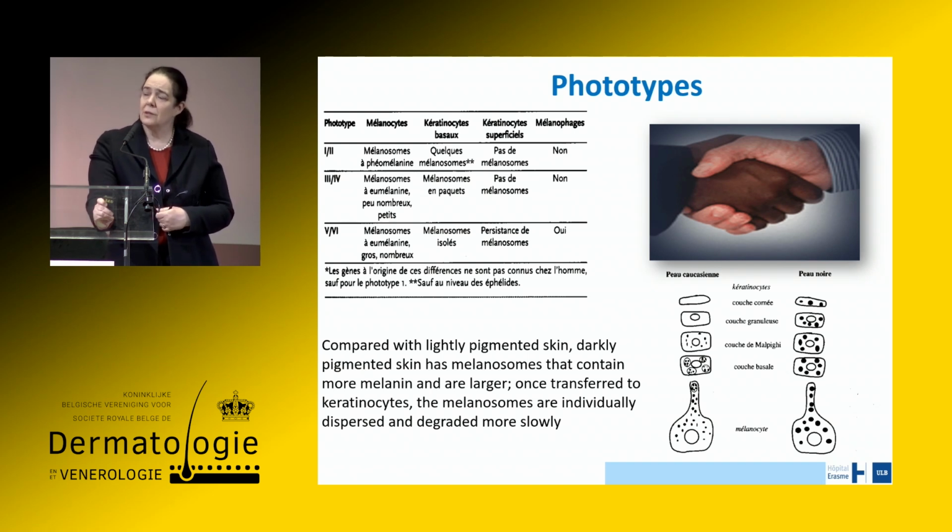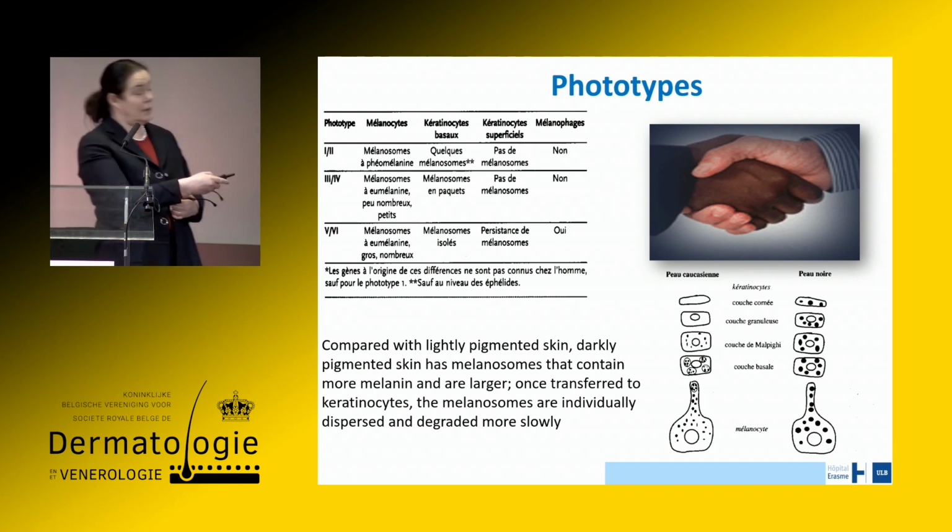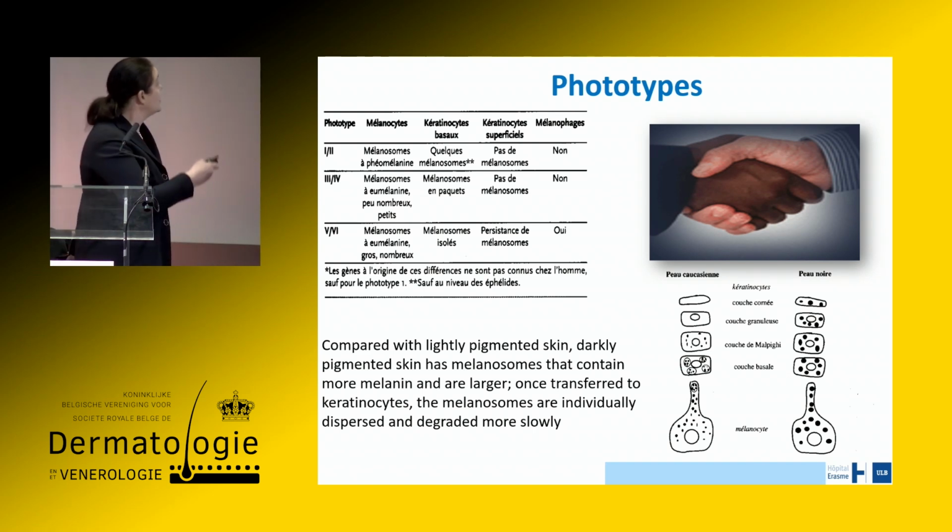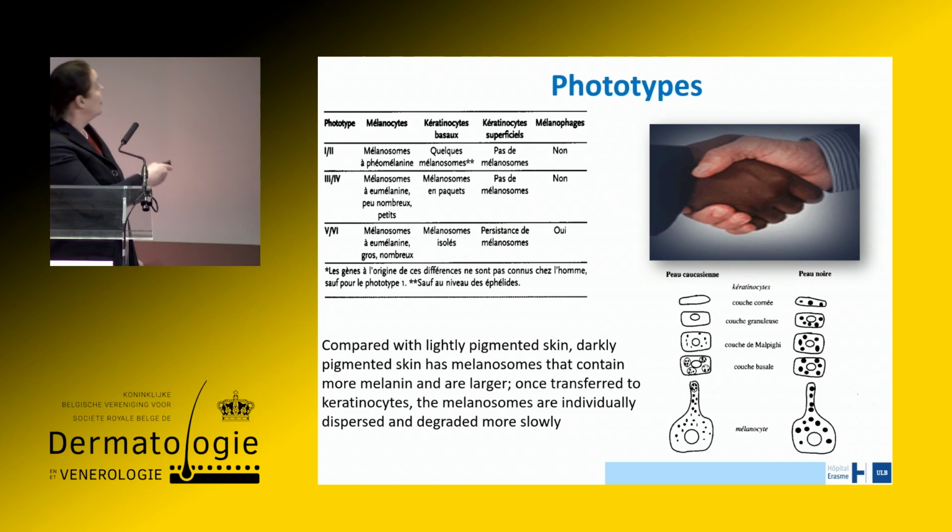So what are the phototypes? You see this table, I'm sorry, it's in French. You have the melanocytes, the keratinocytes at the basal layer and at the superficial layer, to see the difference in the phototype. In phototypes 1 and 2, you have melanosomes with pheomelanin.